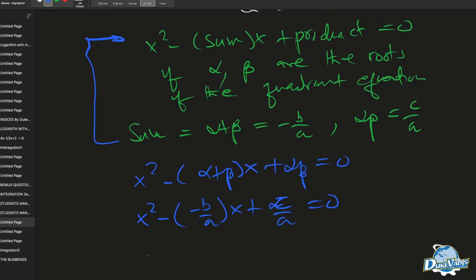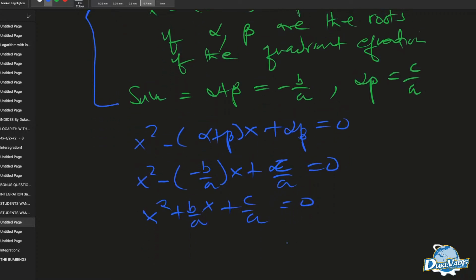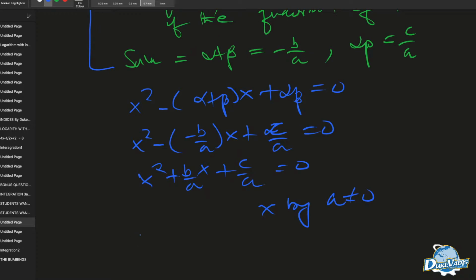Minus minus is positive, so x squared plus b over a x plus c over a is equal to 0. As you multiply through by a, such that a is not equal to 0 as usual, our expression will be ax squared plus bx plus c equals 0. So that is how this equation was derived.